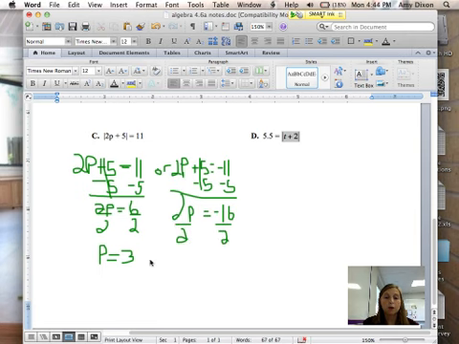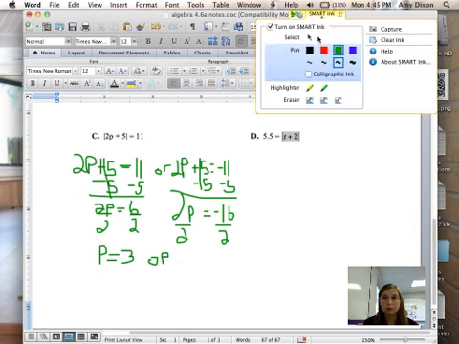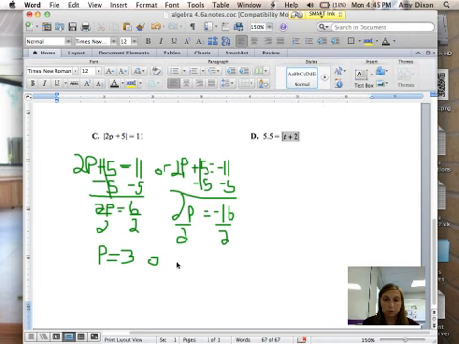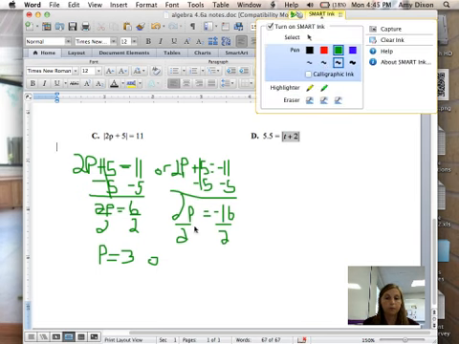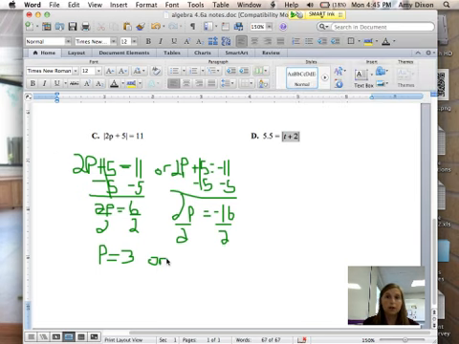Then we write or, and p equals negative 16 divided by 2, we get negative 8. So p could also equal negative 8. Both of those answers will make this problem correct. So p could be 3 or negative 8. And you could test these right back up here. You can plug those numbers in for p, and you will see that you will get a true statement.